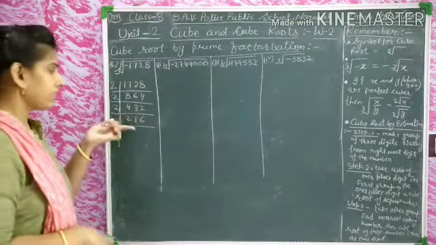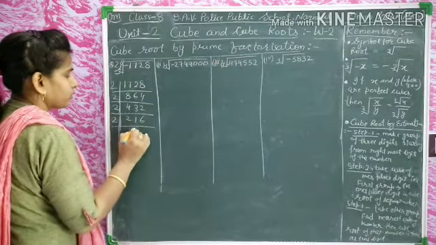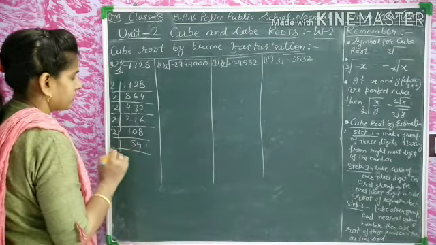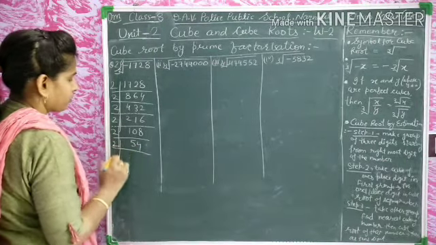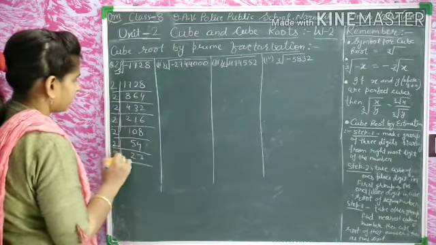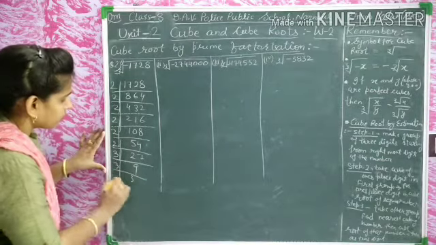Then 3 9s are 27, 3 3s are 9, and 3 1s are 3.